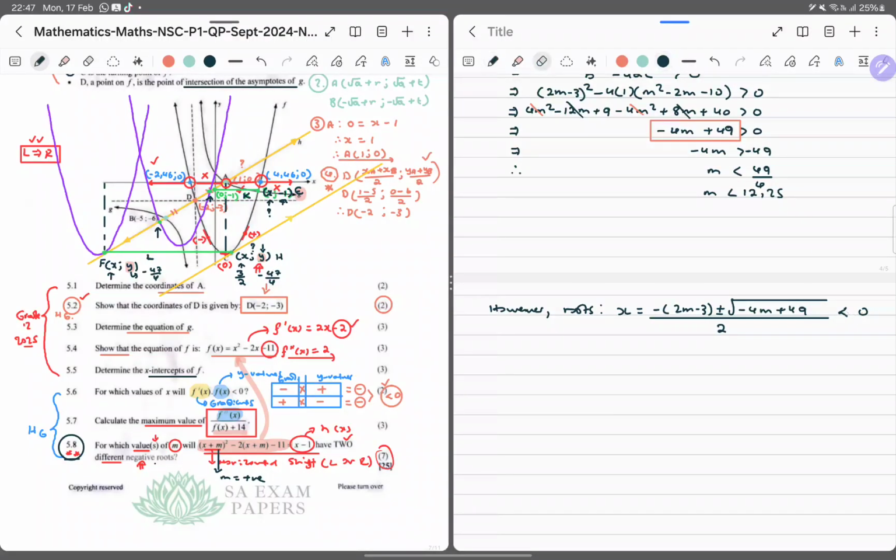Okay, maybe let's just write it out like this and say this implies that for negative roots, it should be such that this very thing, minus 2m minus 3 plus or minus the square root of minus 4m plus 49, all divided by 2, must be less than 0.